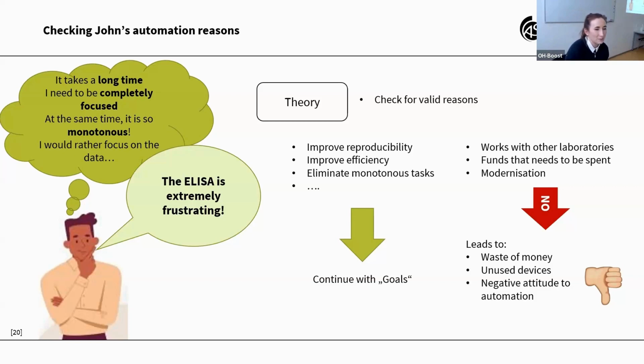Okay, so modernization should not be the reason why you want to automate, because you just buy an automated system and you don't know if it fits your process. Maybe it gets clearer when we look at the further progress of this case scenario, but it should not be the first reason for automation.